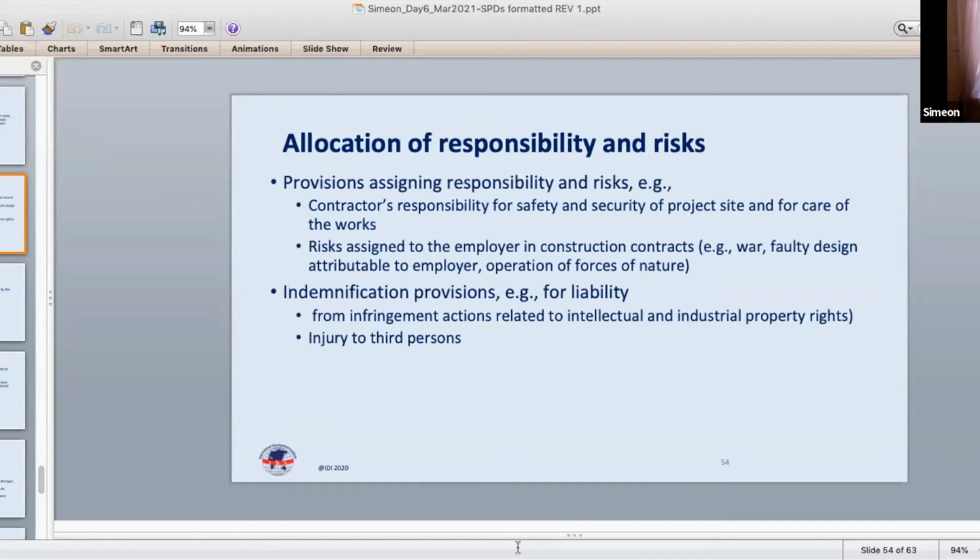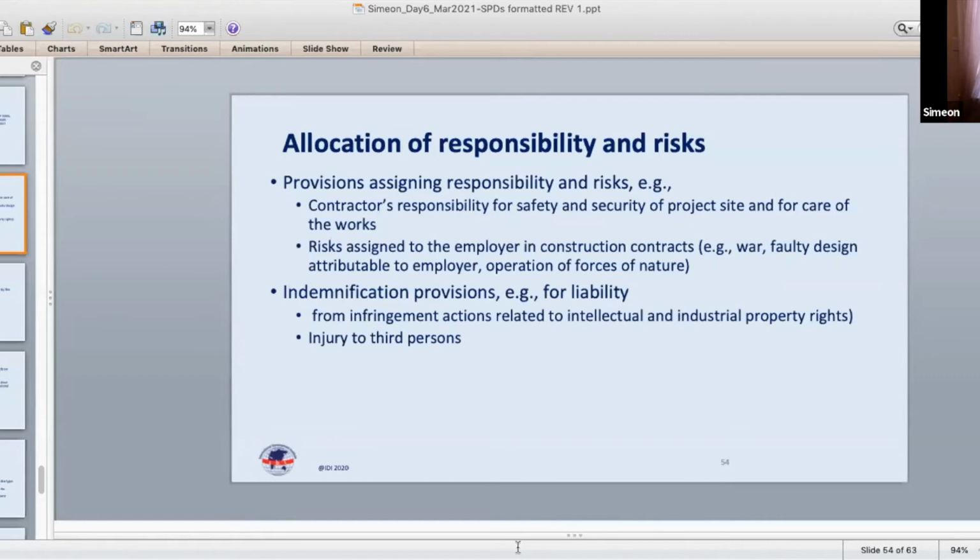Another issue with respect to risk allocation is the allocation of risks that may be grouped grossly under the notion of force majeure. Which are the risks borne by the procuring entity or the employer in the construction contract scenario, and which are the risks borne by the contractor.